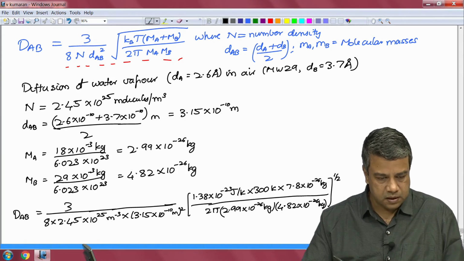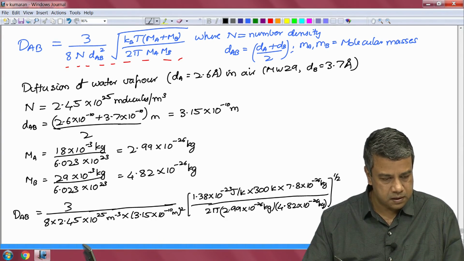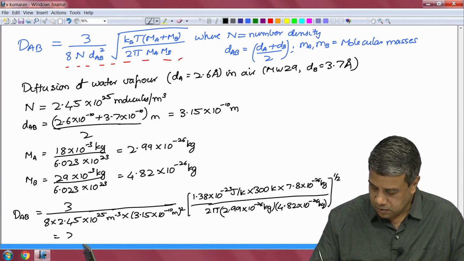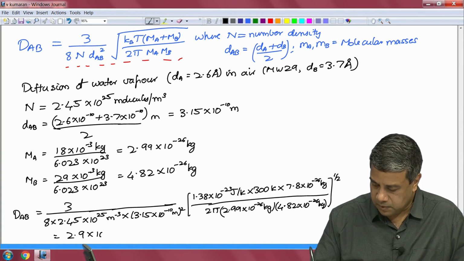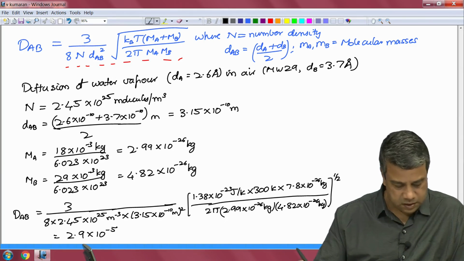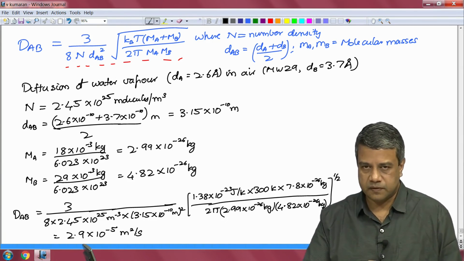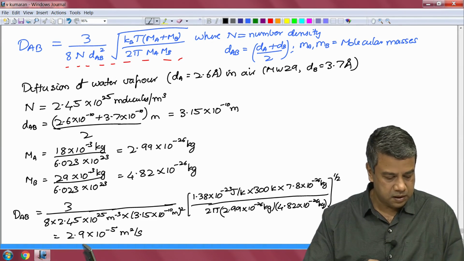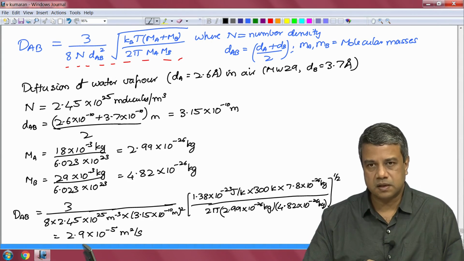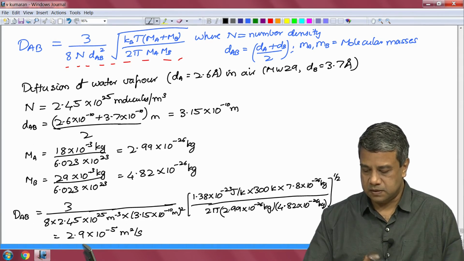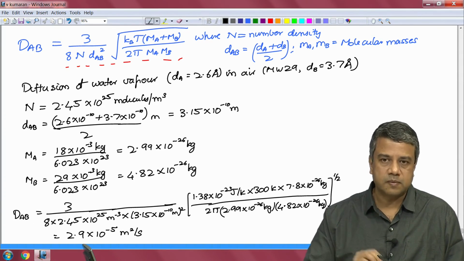You can do that calculation and you will get the final result as 2.9 into 10 power minus 5 meter square per second. It was close to the 3 into 10 power minus 5 we had calculated earlier for oxygen. So, this is a more exact calculation with the prefactors in it.